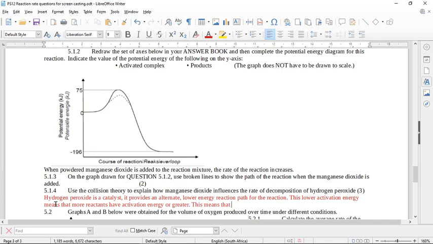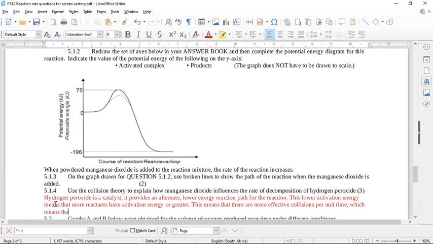This means that there are more effective collisions. Remember the effective collisions and what goes with the effective collisions per unit time. There are more effective collisions per unit time, which means that the rate of reaction increases.